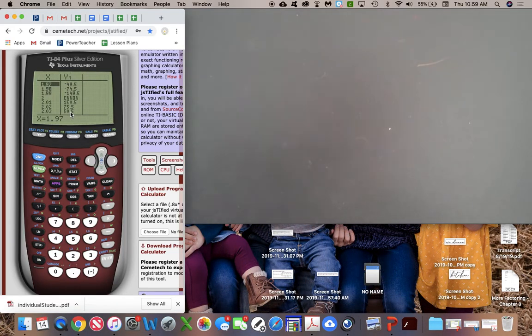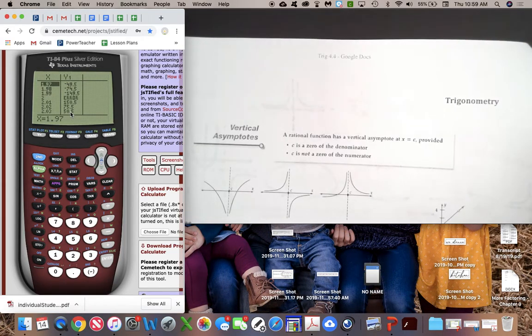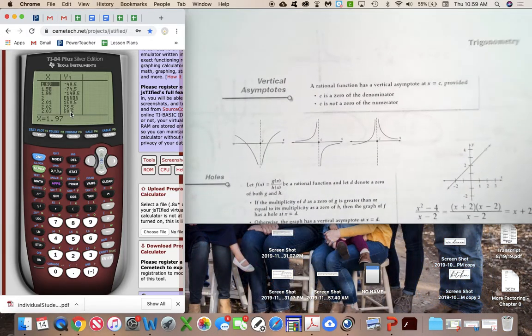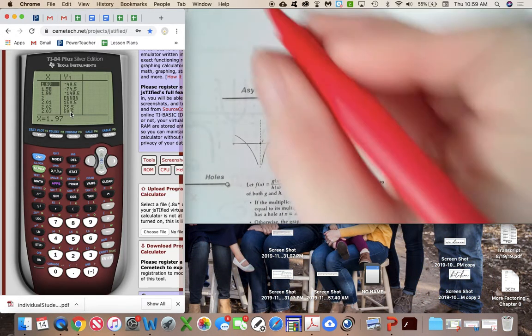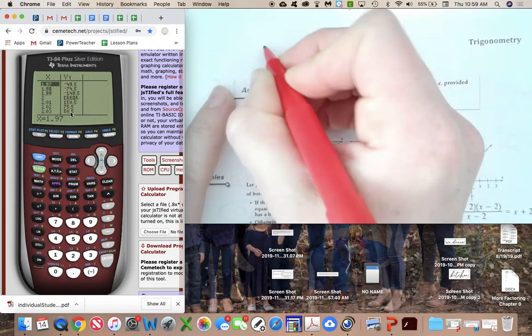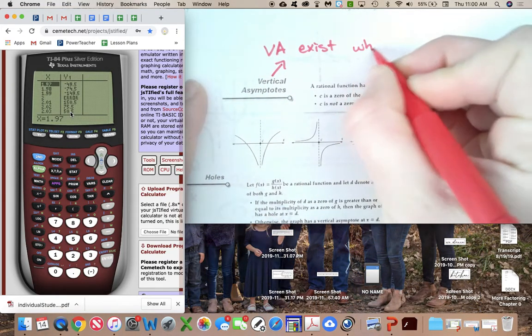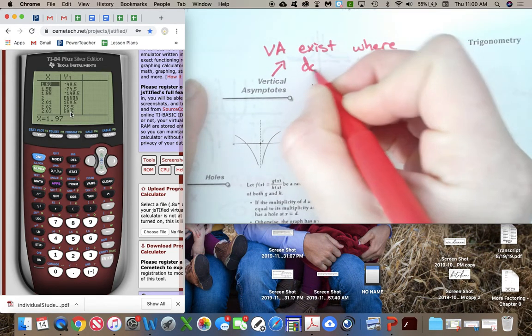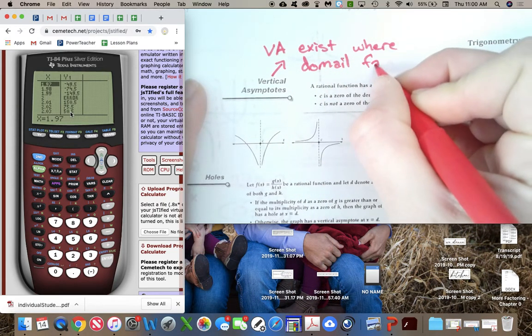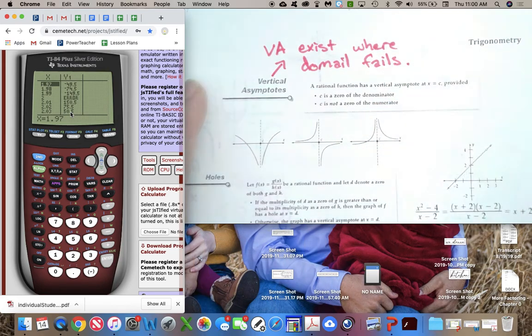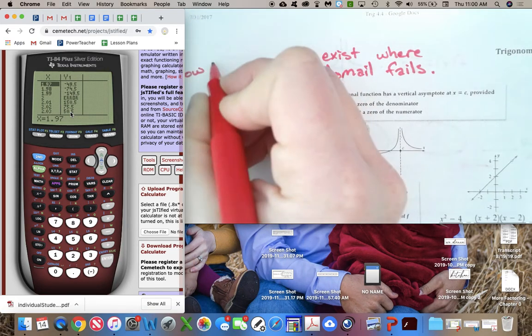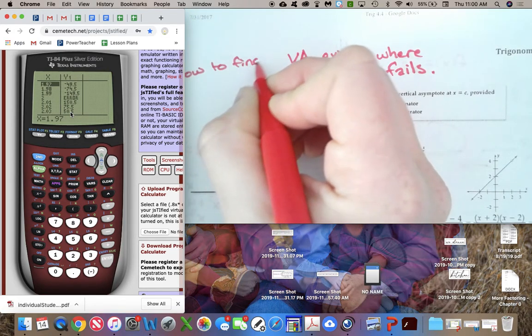All right, vertical asymptotes. We've already figured this out. I'm going to write it again. Vertical asymptotes exist where the domain fails. So how do you find a VA?